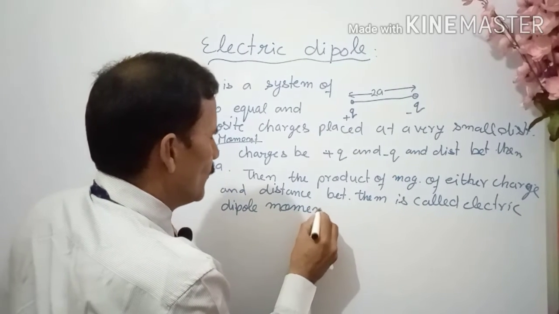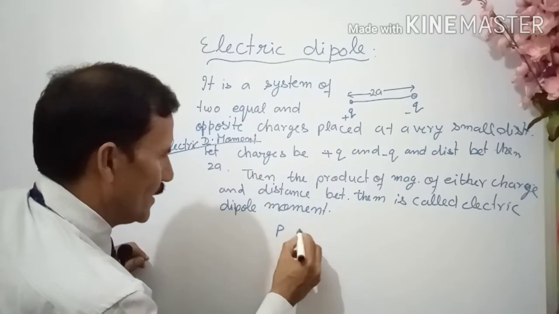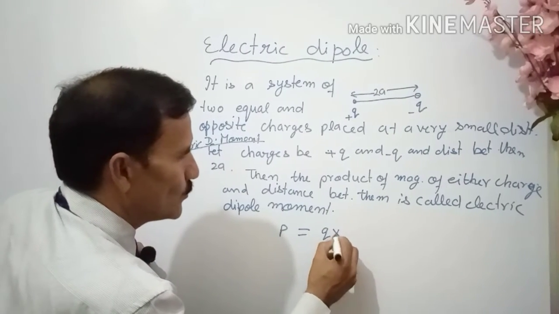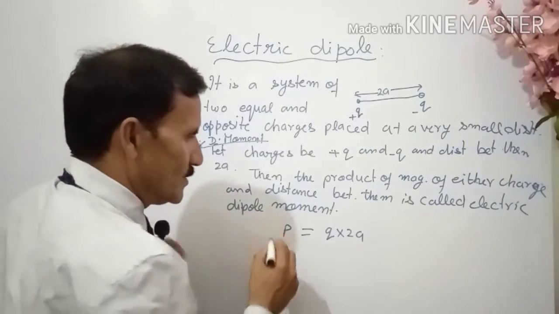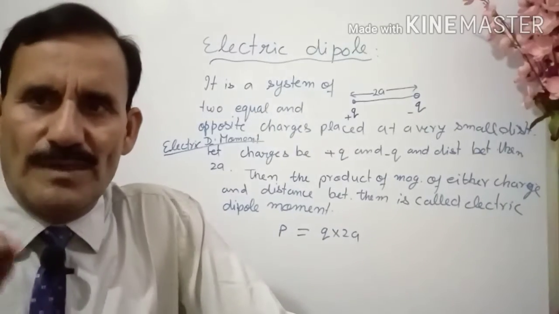Suppose we write it as P, then P is equal to q into 2a in this case. So this is the magnitude of the electric dipole moment.